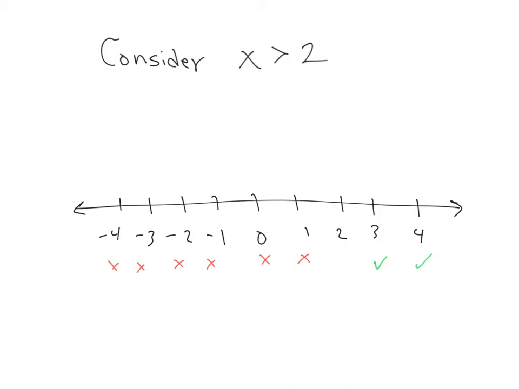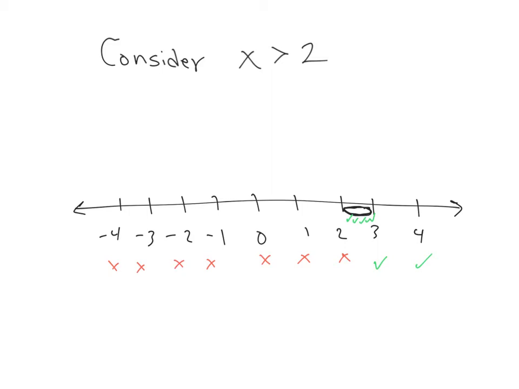In this case, 2 is not greater than 2, so it does not work. Then I have to consider where is the cutoff point. Do numbers like 2.5, 2.6, 2.7, 2.1 work? If I think about it, anything that's greater than 2, even 2.0001, is going to work. So pretty much anything to the right of 2 is going to work.